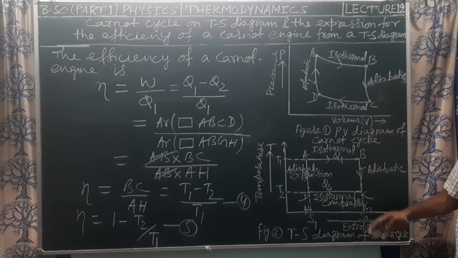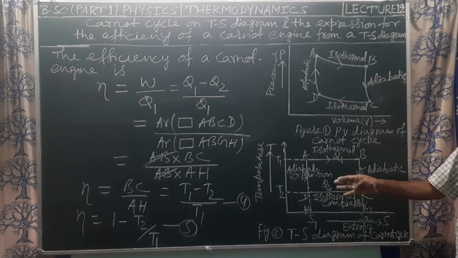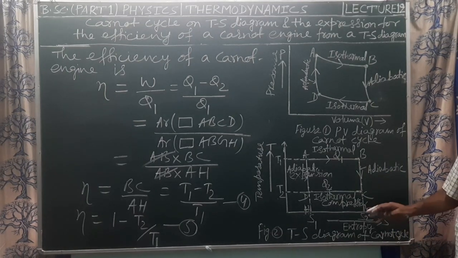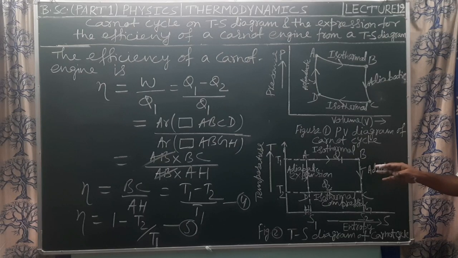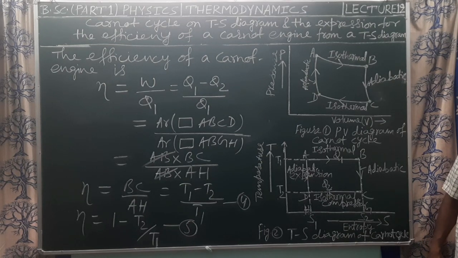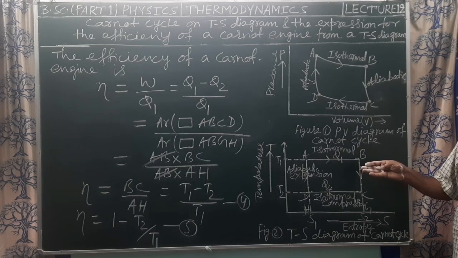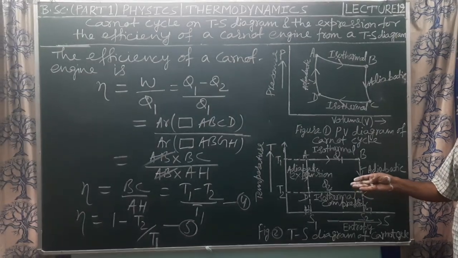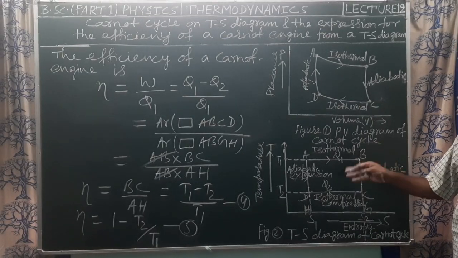And because of the simplicity of the figure, we can easily compute the area of the cycle, and the area of the cycle represents the heat energy available per cycle.